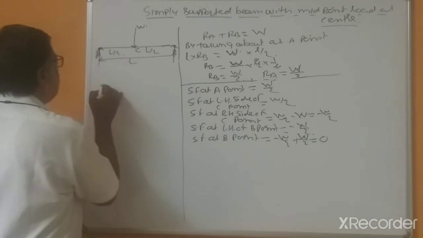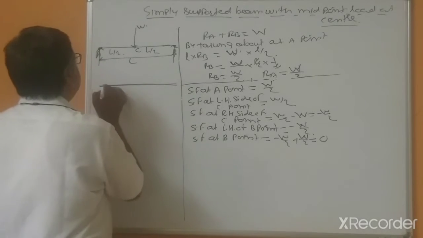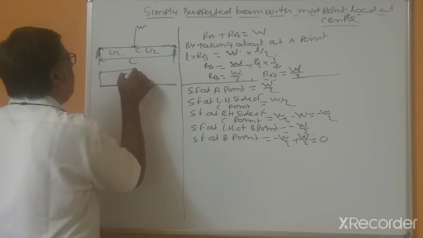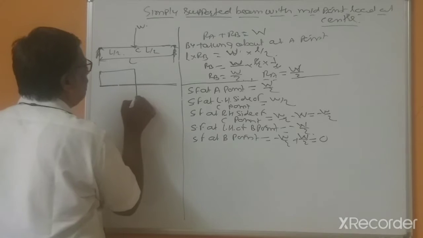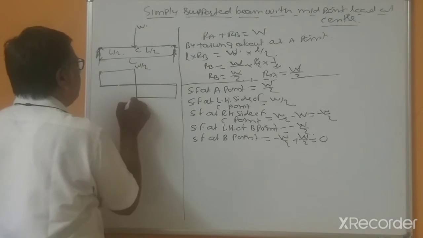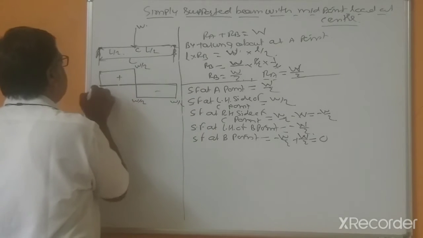So now you can draw the shear force diagram: W by 2 and minus W by 2. This is your shear force diagram. This is negative, this is positive.